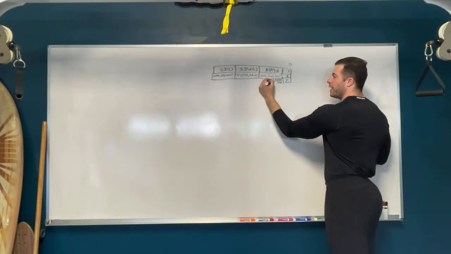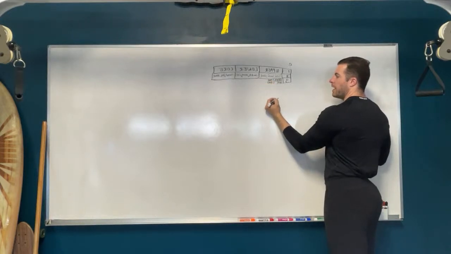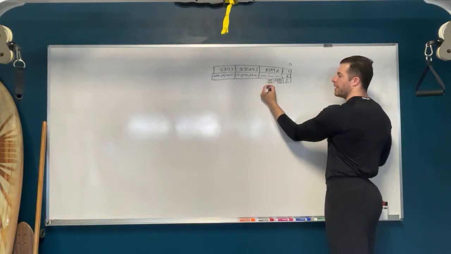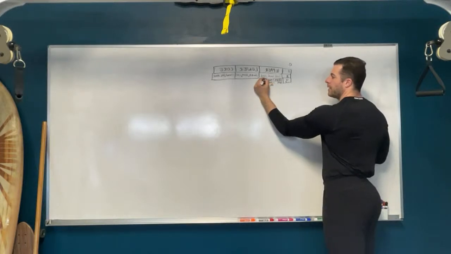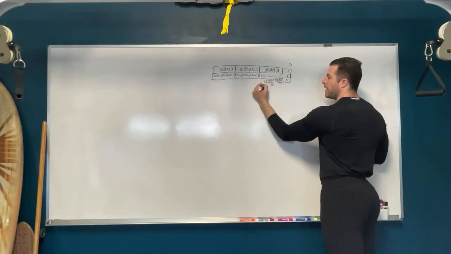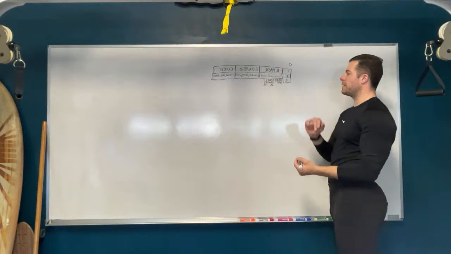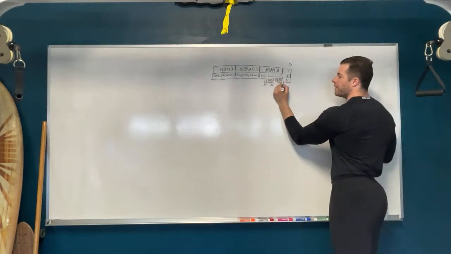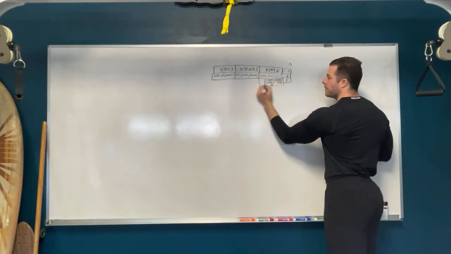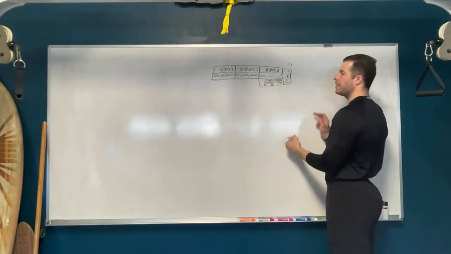Back is going to be pull downs, rows. Okay, and then you can also think rhomboids. For shoulders, we're going to think front, side, and rear shoulders. Okay, so each of these categories will also have 3 subcategories. Okay, so that's going to be the third subcategory.